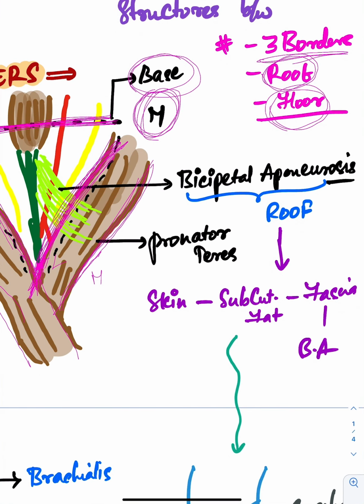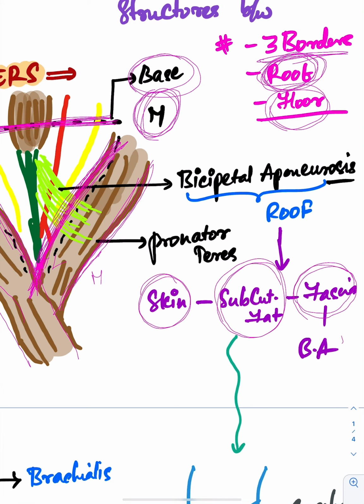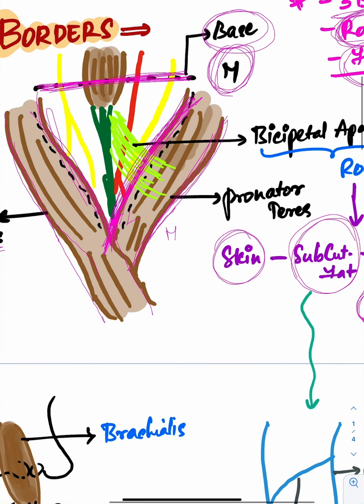Now when we talk about the roof, from superficial to deep, first we'll be having skin, subcutaneous fat, deep fascia and the bicipital aponeurosis. What is this bicipital aponeurosis? So the biceps muscle tendon, during its insertion, will be forming a tendon.